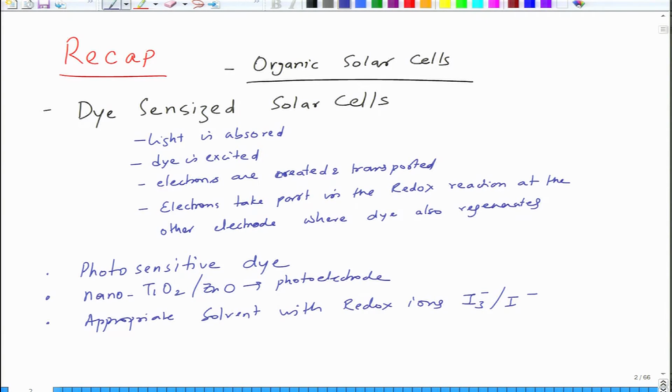The issue with this solar cell is that it uses a liquid dye. A liquid dye is a problem because of sealing, and it flows, and as a result there are manufacturing issues in making good solar cells.